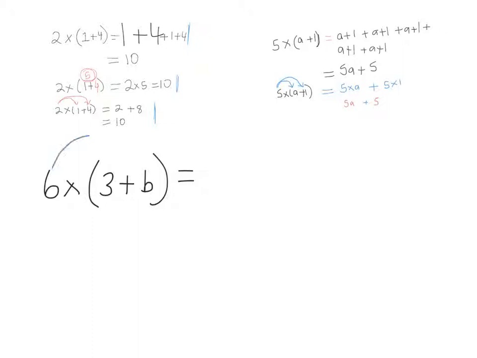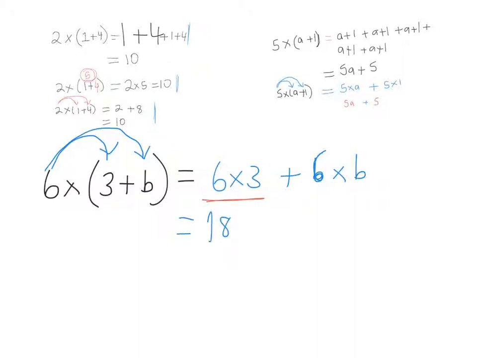We have 6 lots of 3, which is 6 times 3, and we have 6 lots of b as well, which is the same as 6 times b. 6 times 3 is the same as 18, plus 6 lots of b. 6 lots of b is the same as 6b. Now is that the same as what you got in your question? I hope so.